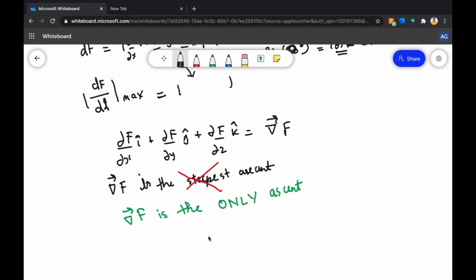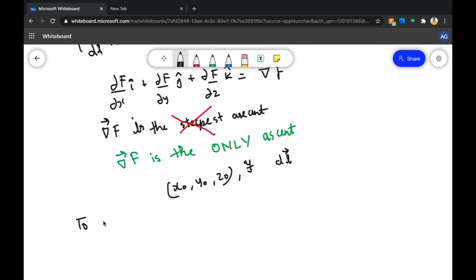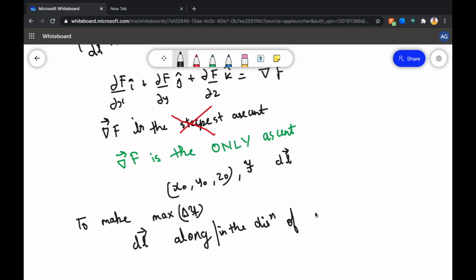So when you are at a point x naught comma y naught comma z naught on a function f, to move a vector dl so that you can make maximum change in function f, I need to move dl length along or in the direction of grad of f.